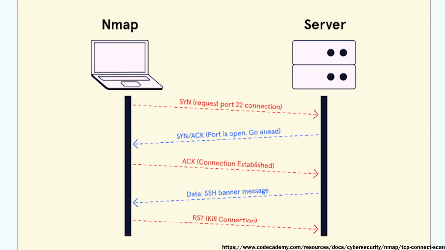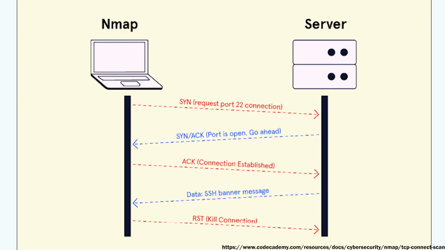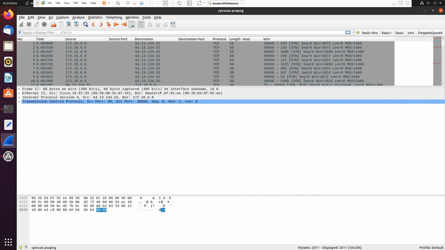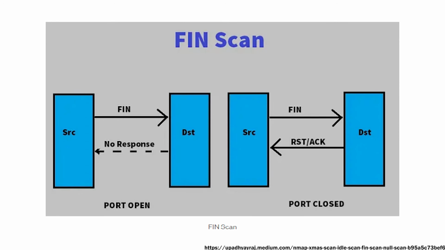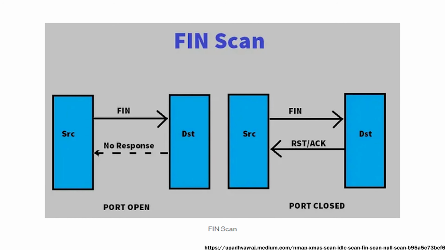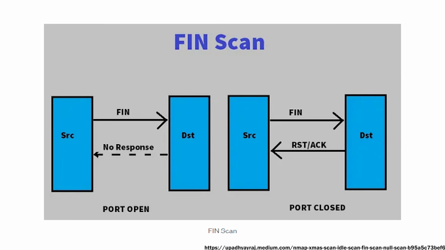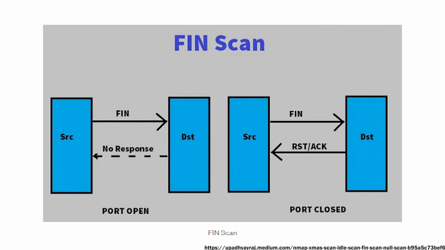This SYN scan is usually used because it's fast, reliable, accurate, and less noisy than the other scanning techniques, which is what gives it its name of the stealth scan. In other lab activities I'll be doing in Wireshark, we'll be looking at other scans that are not TCP scans, such as FIN scans and a bunch of other types of scans an attacker can run on the network during their reconnaissance.